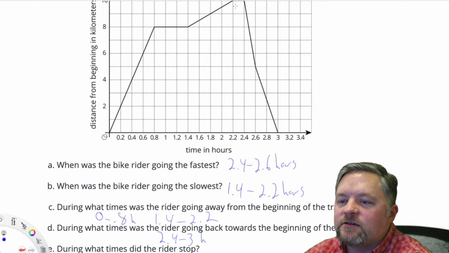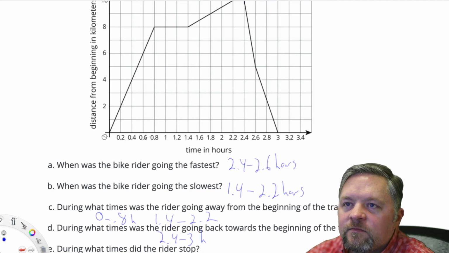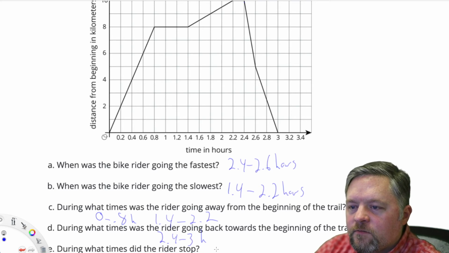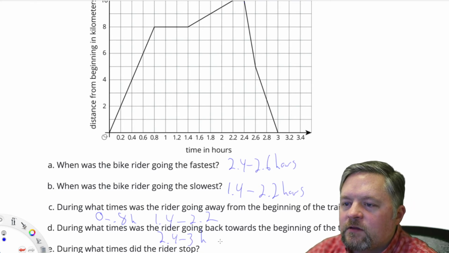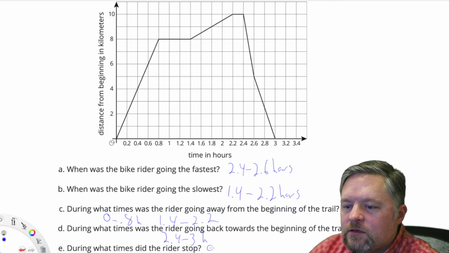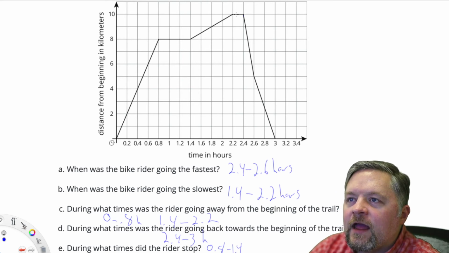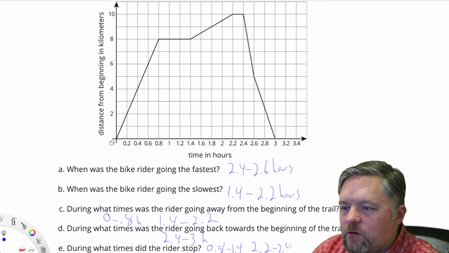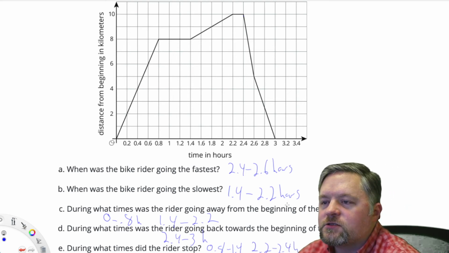Stationary there, stationary there. So 0.8 to 1.4 and 2.2 to 2.4 hours.